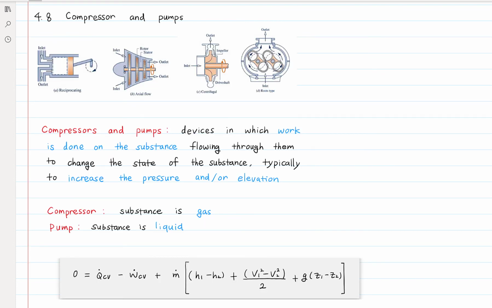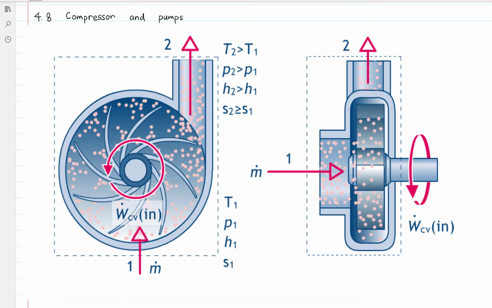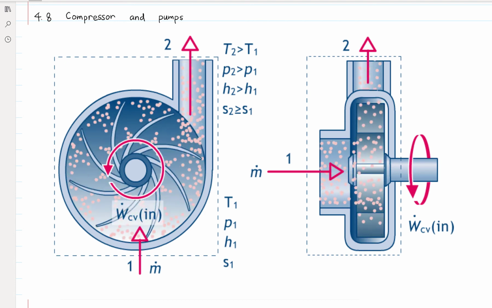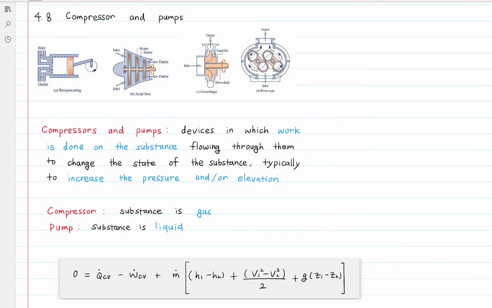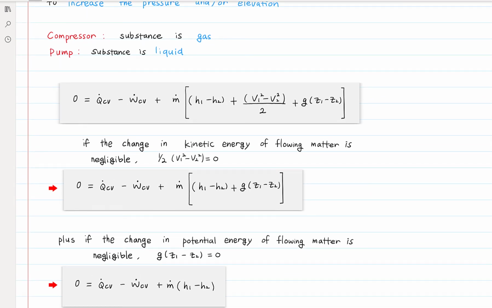On the contrary, turbines are work-producing devices. As fluid passes through the device, the blades compress the fluid. So the fluid leaves the device at high pressure. The energy balance in general form is shown here. If the change in kinetic energy of flowing matter is negligible, kinetic energy drops out.